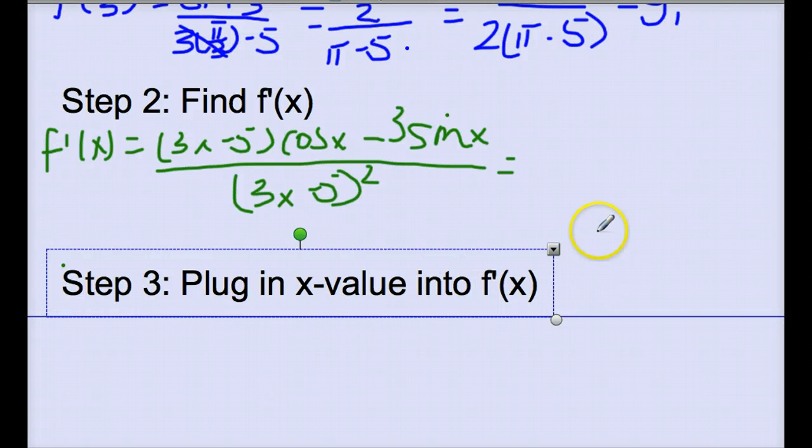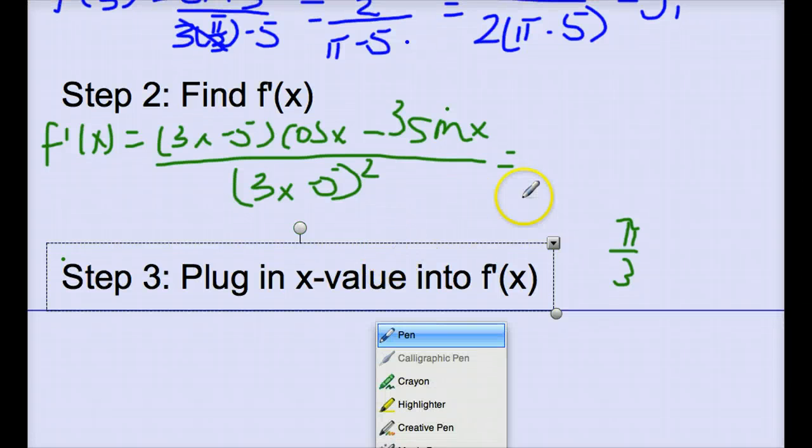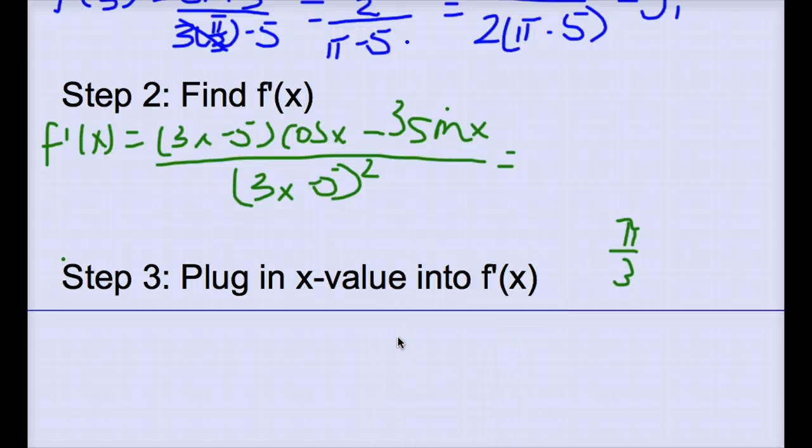So I'm going to write out pi over 3 and try my best to type this up for you. My apologies, I'm having some technical difficulties. But let's continue. I'm going to plug in my x value into f prime of x.